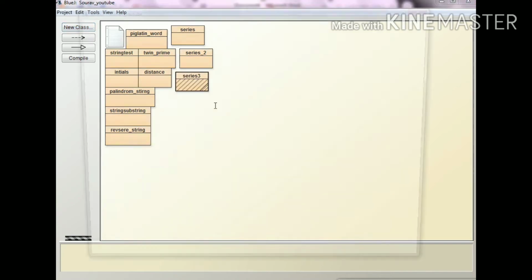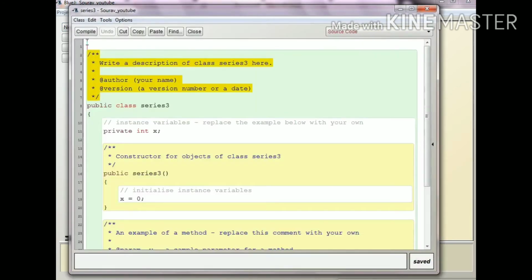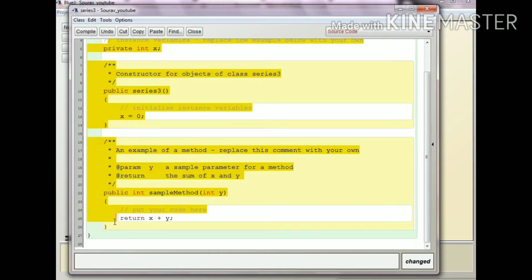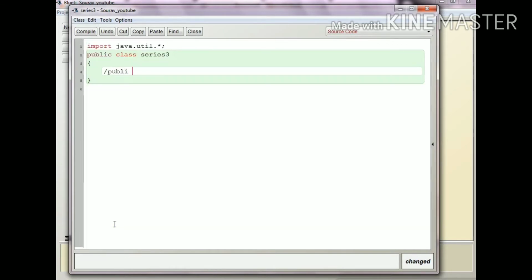Here I write import java dot util dot star semicolon, and now public static void main string args.